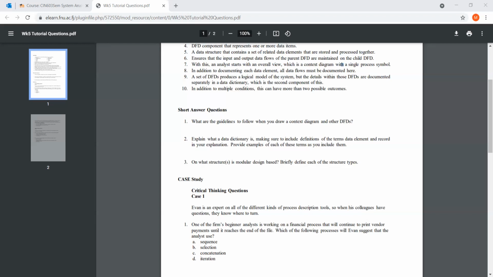Completion of one of two or more process steps based on the results of a test or condition.